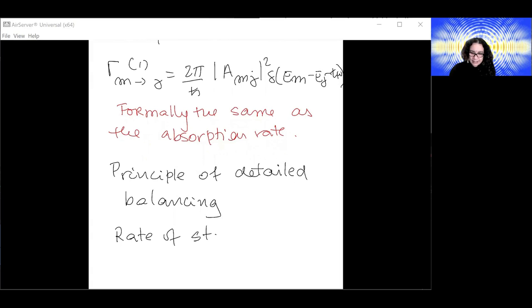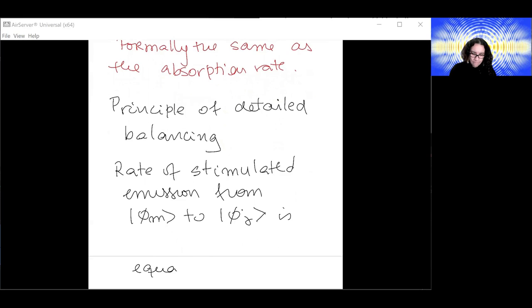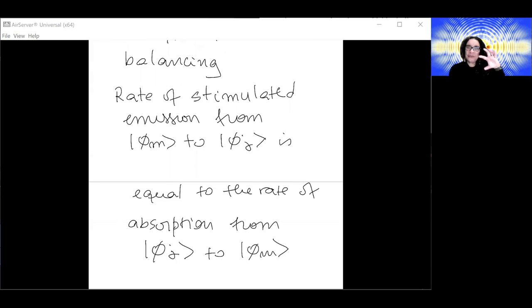So rate of stimulated emission, here we don't have K, we have M. So from phi M to phi J is equal to the rate of absorption from phi J to phi M. And that's why we needed to show that if you swap the indices and you do some manipulations, you get the same expression, because you are going to have that the rate of a process occurring is equal to the rate of the opposite process occurring.